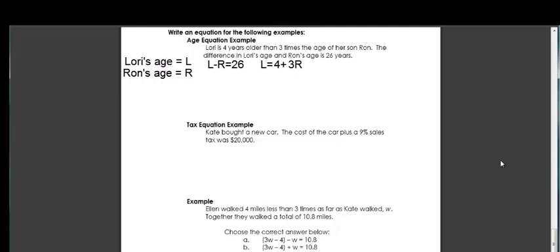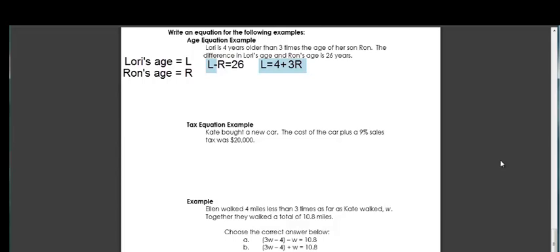Okay, so what good did that do? Well, we now have 2 equations. We do have 2 unknowns, but we can do a substitution here. We know L equals 4 plus 3R, so we can take that and plug it into the other equation so that we get one equation with one unknown. We can plug that into the L minus R equals 26.